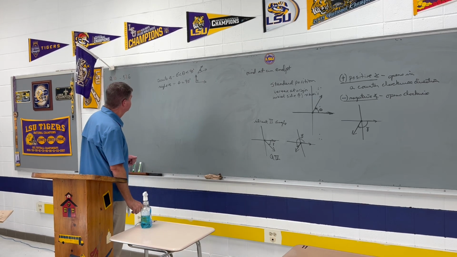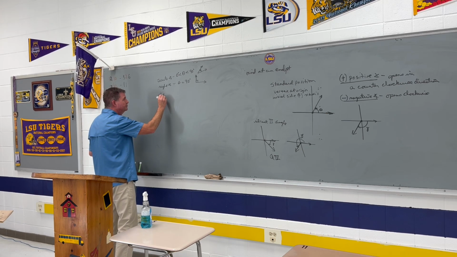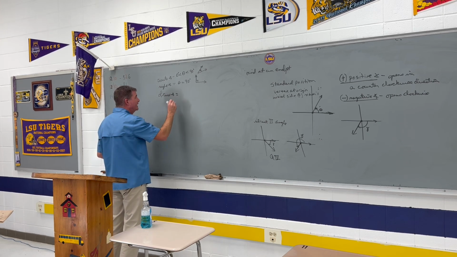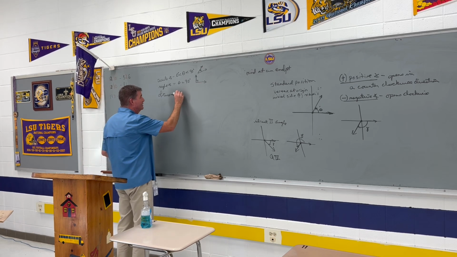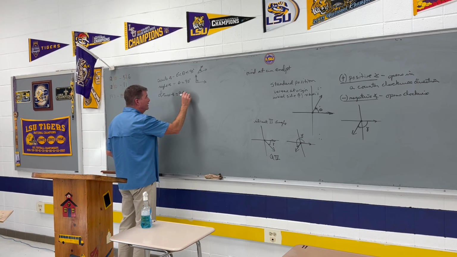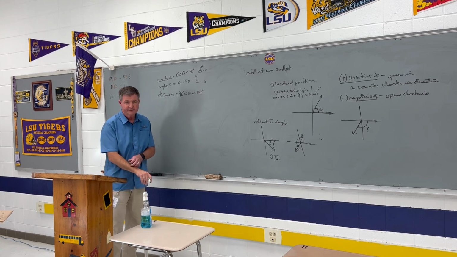Always shows that it's equal to 90. Next we have an obtuse angle. An obtuse angle is an angle that's greater than 90 but less than 180. So theta is greater than 90 but less than 180 degrees.